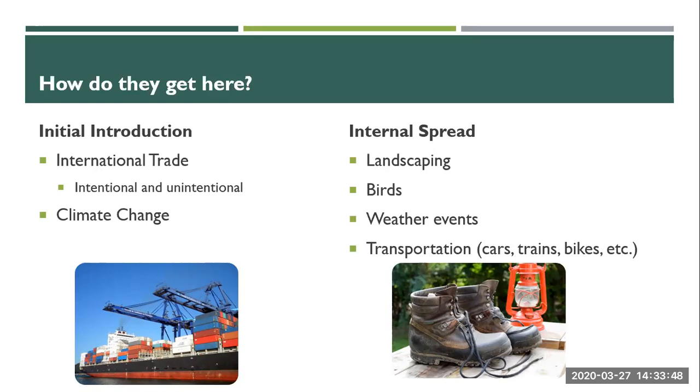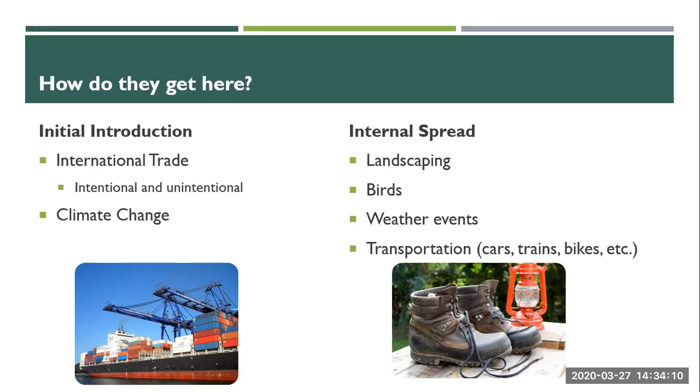These are a couple ways that invasive species have spread to the United States and other countries, because people think that these plants and animals are really cool to look at and they want to have them in their own backyards, yet they don't understand some of the negative implications of doing that.